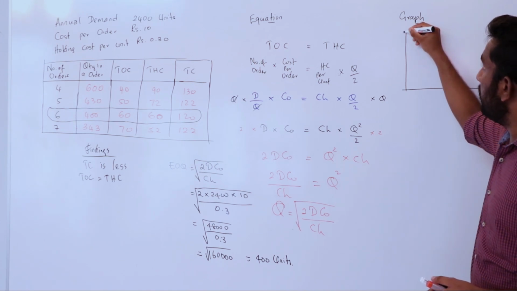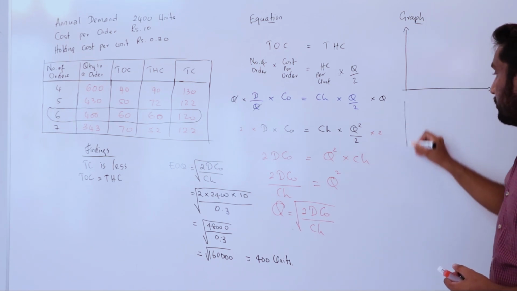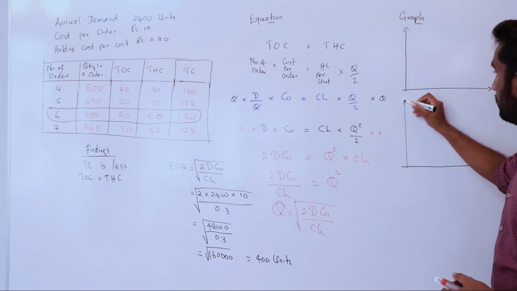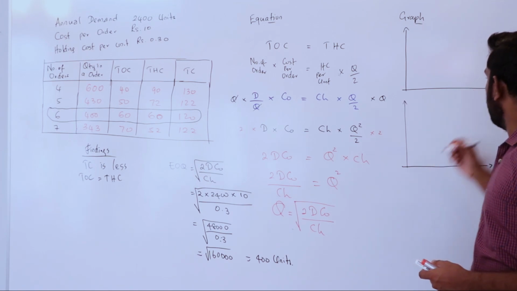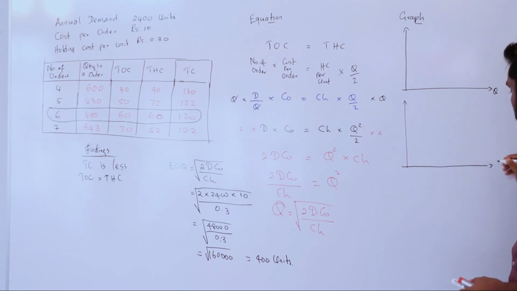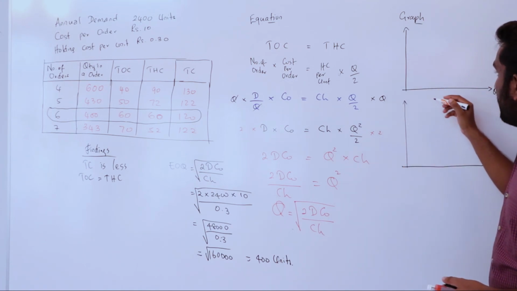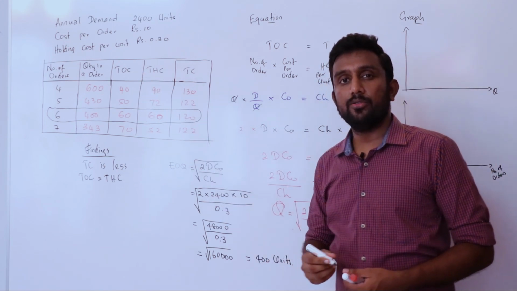So we do have 2 different graphs related to the EOQ. I'll try to draw both the graphs in one picture. I'll put Q here and I'll put the number of orders here. Let's have the first line, because we do have total ordering cost and total holding cost.